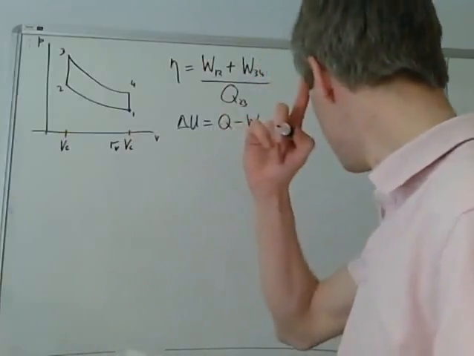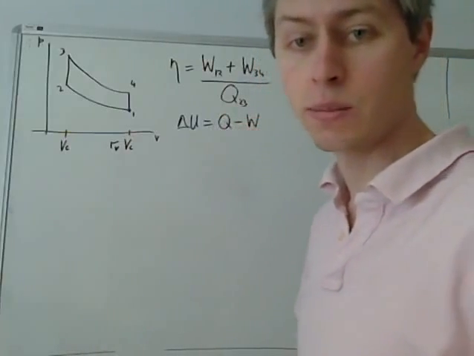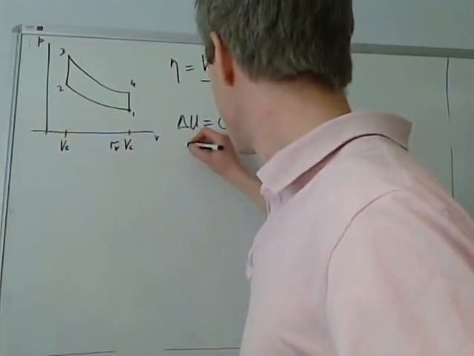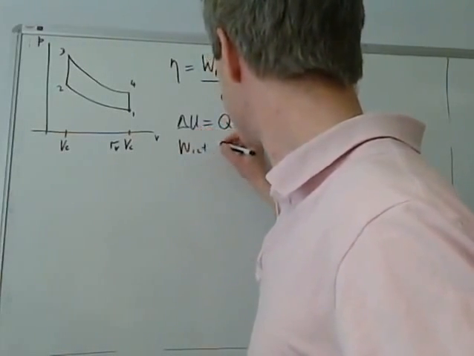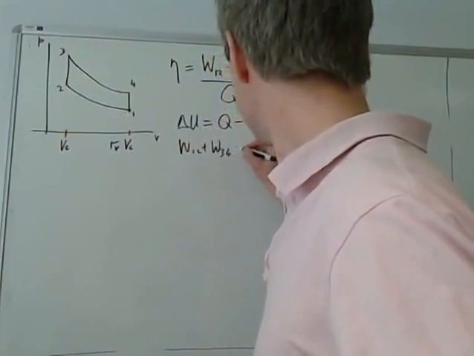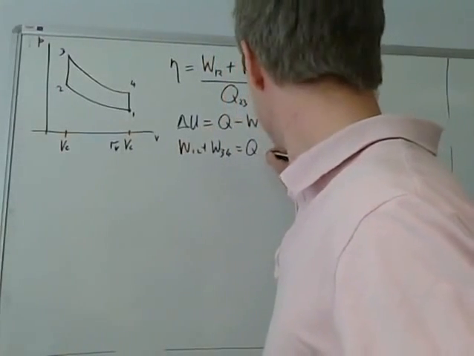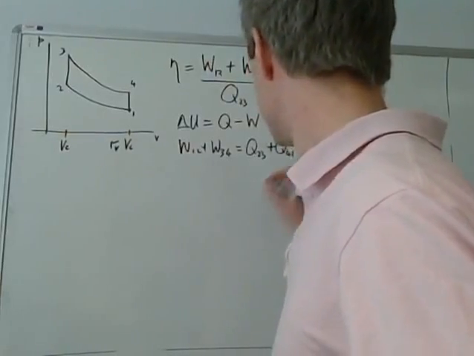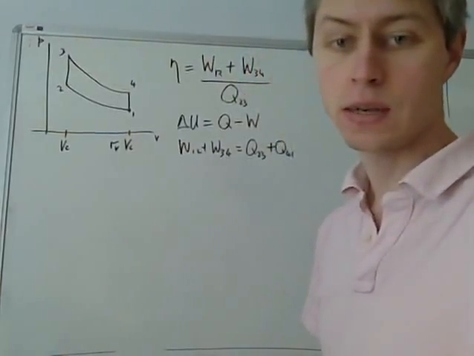So we know that the total heat input for the cycle and the total work output for the cycle are equal. That's to say W12 plus W34 is equal to Q23 plus Q41. So we need to be careful about our sign conventions here.